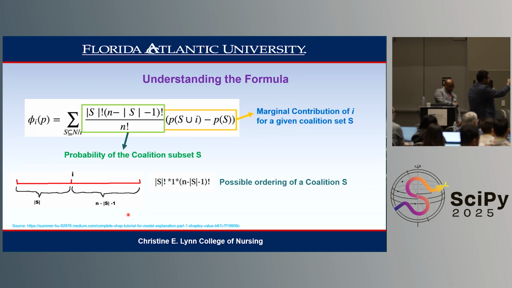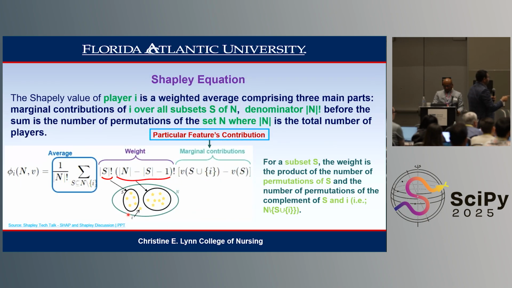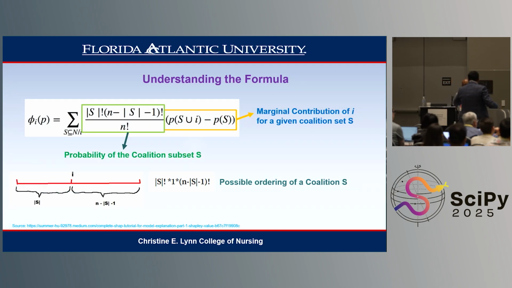So you see that S factorial term over there. And then the remaining of the coalition you can arrange by n minus s minus 1. So that whole component is like the probability of picking up that component. So you're just weighting that boost for that particular coalition by that probability. So if that made sense, okay? Yeah.